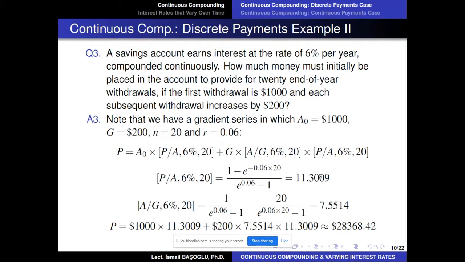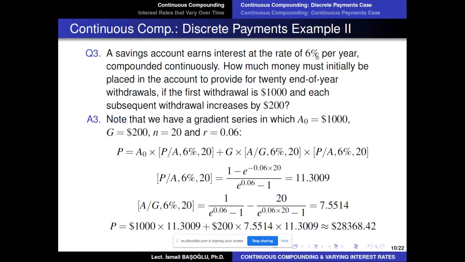Now, plugging these two compound factors into the formula defined above, and plugging in A0 as 1000 and G as 200, you would get approximately 28,368, which means right now you need to deposit this amount of money into the savings account so that for 20 years you can withdraw this gradient series of cash flows. However, remember the savings account is under continuous compounding with a nominal interest rate of 6% per year.